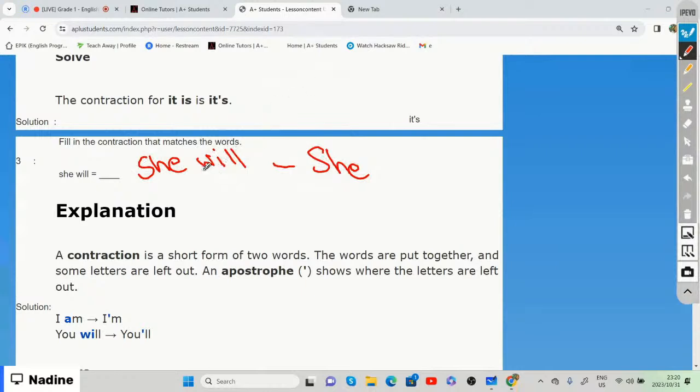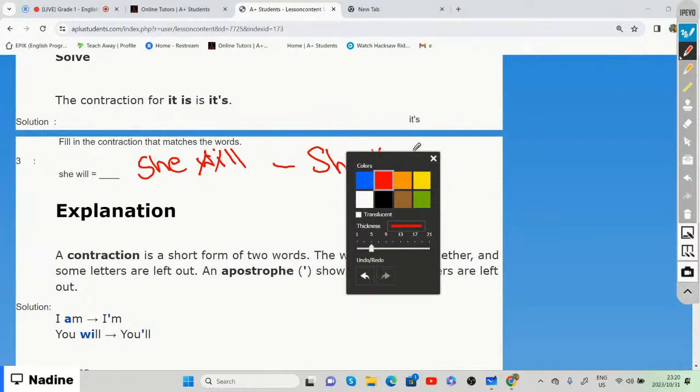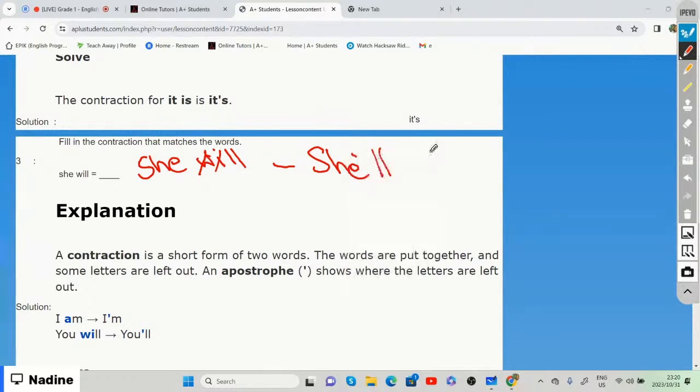So we remove the W, we remove the I, and we put the double L. So it is she, with W and I removed, the apostrophe in its place, and then the double L added.